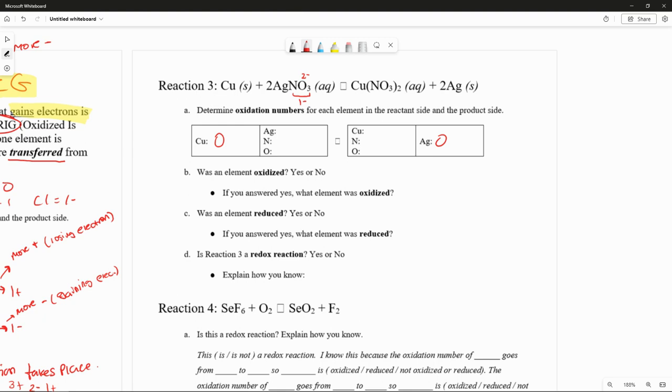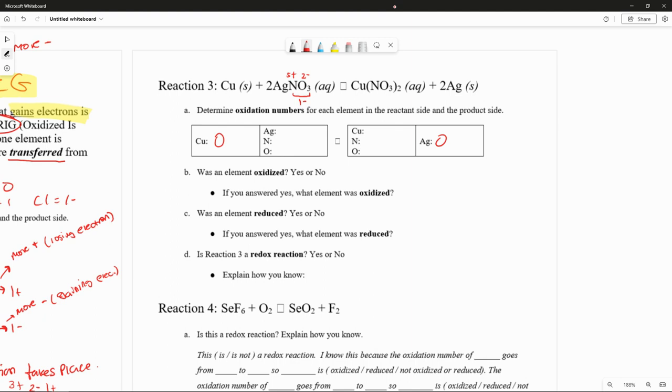We have 3 oxygens, meaning we do 3 times negative 2, which is the oxidation number we know for oxygen, which gives us negative 6, plus N has to equal the charge of the ion, which is 1 minus. So it has to equal -1. So N is 5 plus.